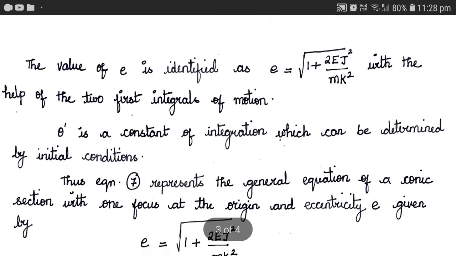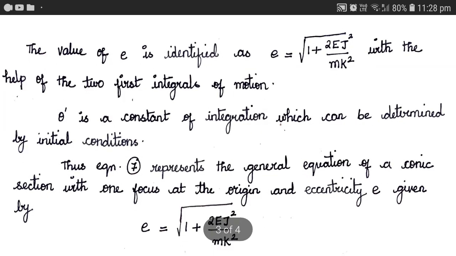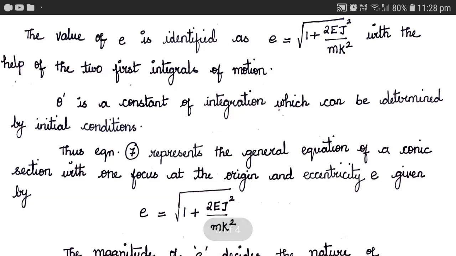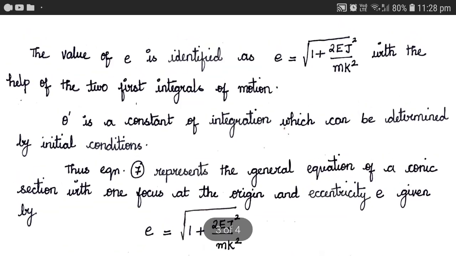Again, theta prime, as we have already mentioned, is a constant of integration which can be easily obtained by applying the initial conditions. So this equation comes out to be the general equation of a conic section with one focus at the origin and the eccentricity E given by root of 1 plus 2 E j square by mk square.